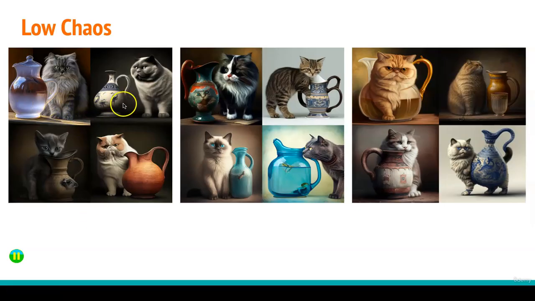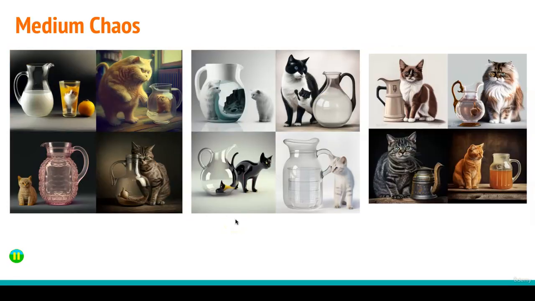In each one of them you see a cat and a jug, a different type of jug and a different type of cat, but mostly a cat and a jug. This is the only one where it slightly deviates and combines the two, but overall the framework and the objects in the image remain the same.